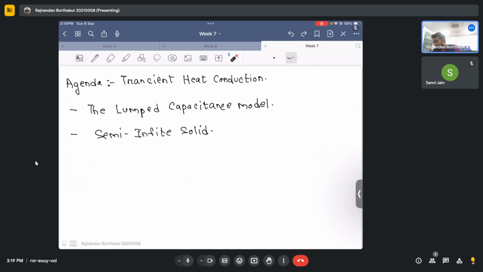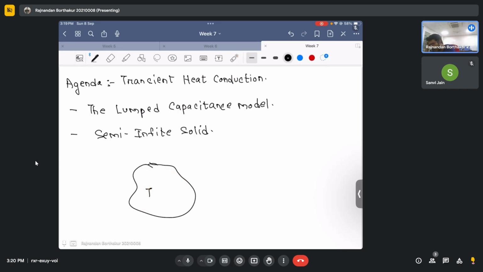The very name suggests that the lump capacitance model is described by the fact that the temperature of a body is spatially uniform, which means that, let's say you have a body, the temperature inside this body is not a function of its position.